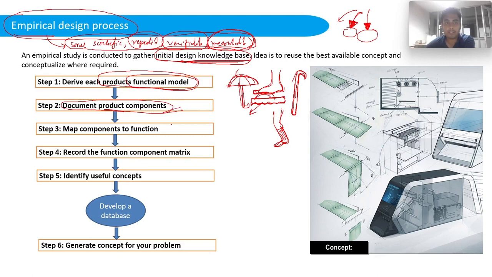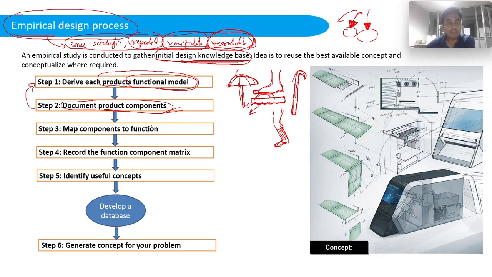And during this process, while initially doing the product functional model, if you find that certain components were missed, then you can reiterate and make changes to the functional models.